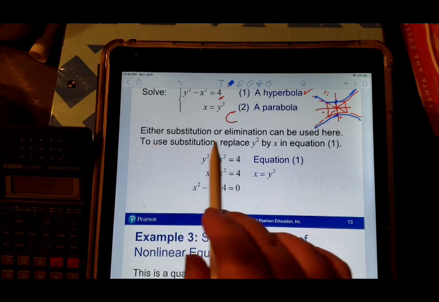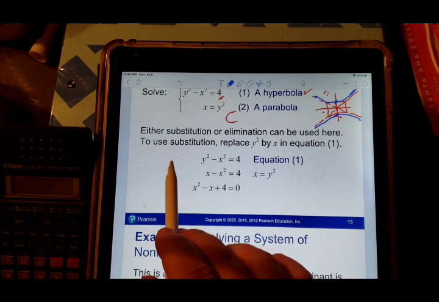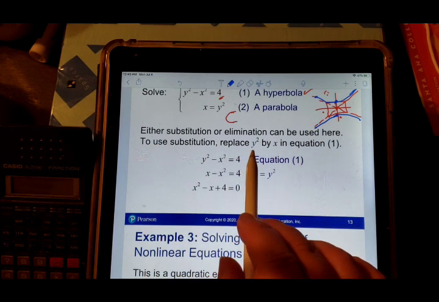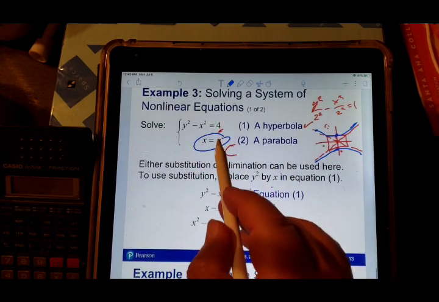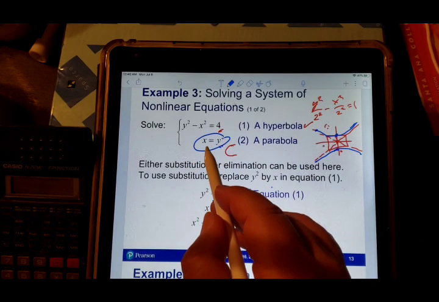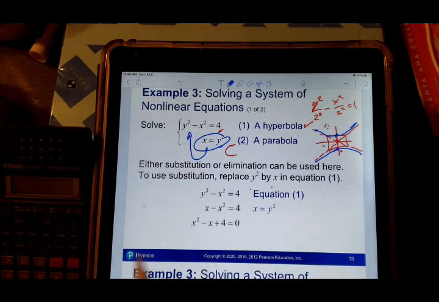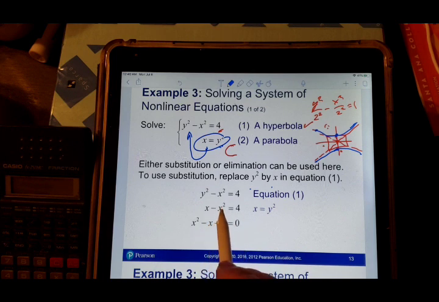But they say either substitution or elimination can be used. When we're using substitution, we can replace y squared with x because y squared equals x. So y squared equals x, I can replace x and just follow what we have. We have x minus x squared equals 4. I did a little work on that, and they found this.